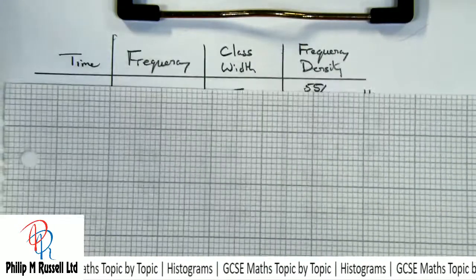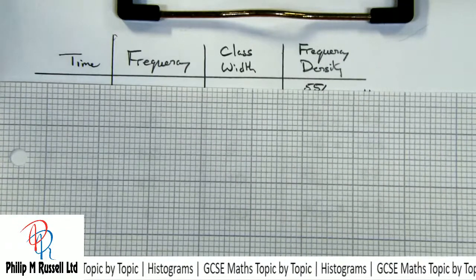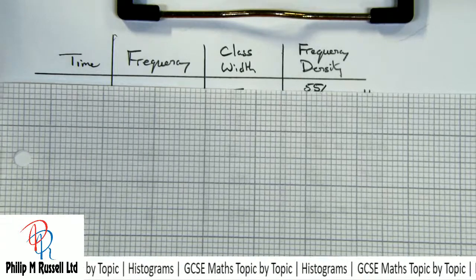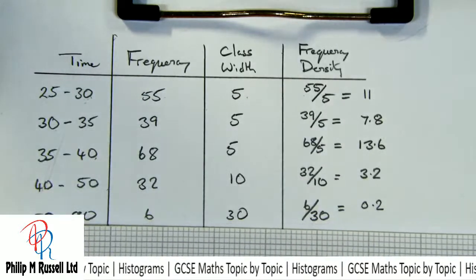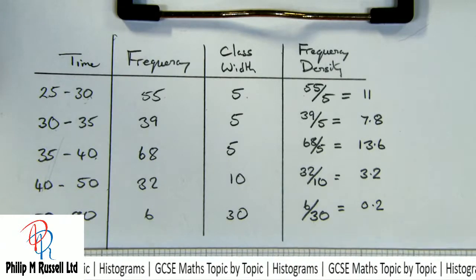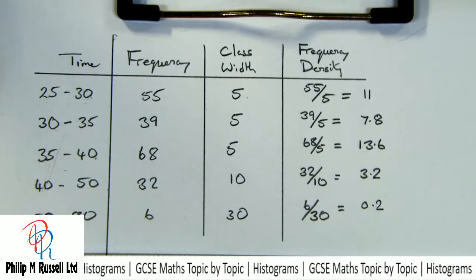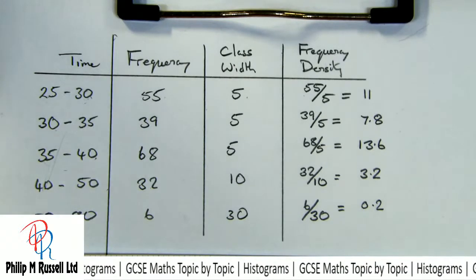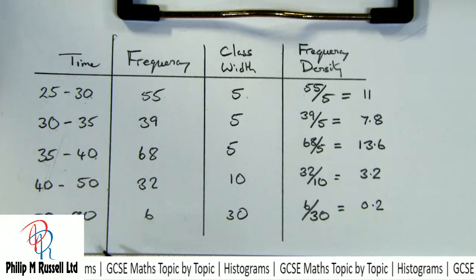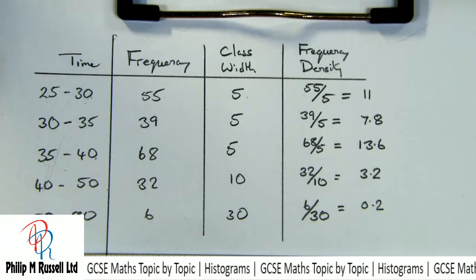Okay, so I've got my graph paper. Now, rather than starting to draw this straight away, let's start by having a little think about what we're doing. We've got our times here, and that's going to go from really 25 to 80, and so as long as I've got that in there, that's all right.